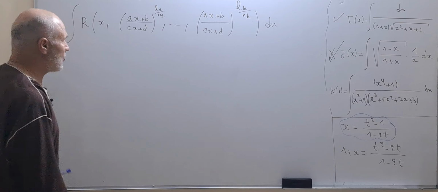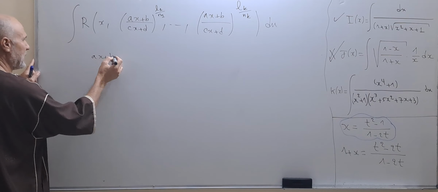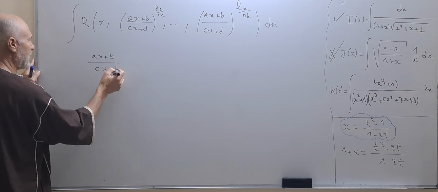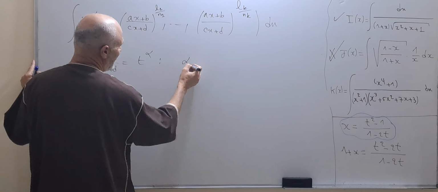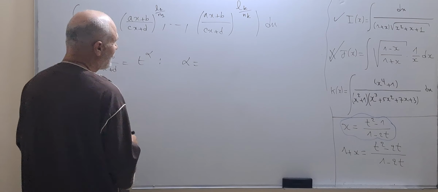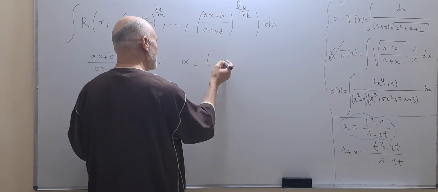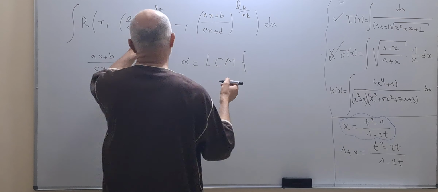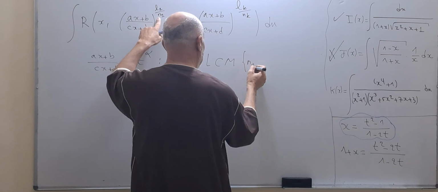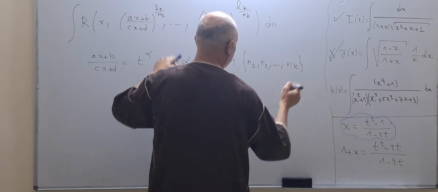In this case, we take a change of variable by putting (ax plus b) over (cx plus d) equal to t to the power alpha, such that alpha is the least common multiple of n1, n2, up to nk.